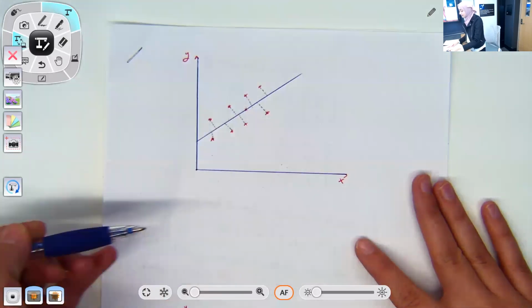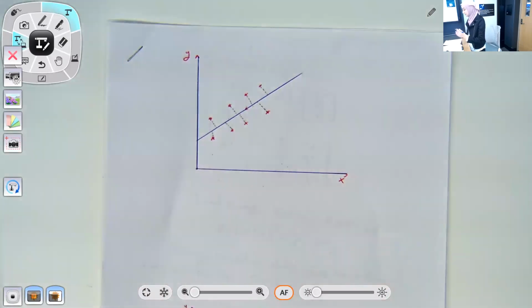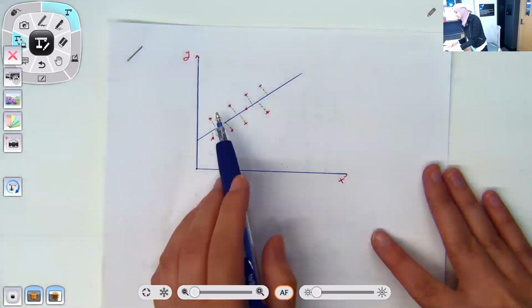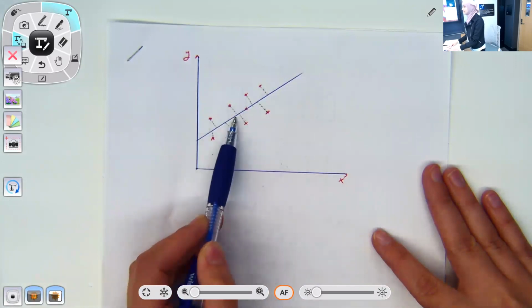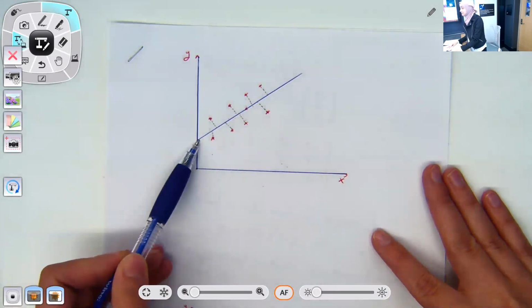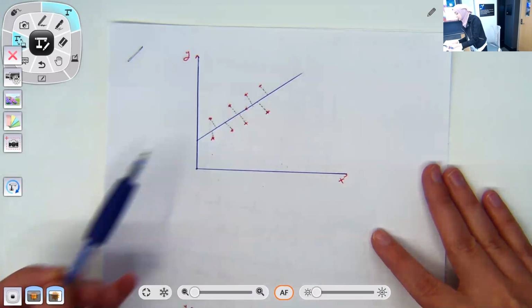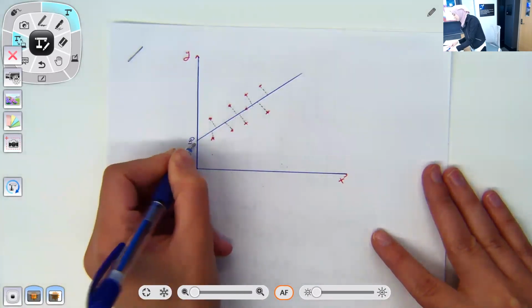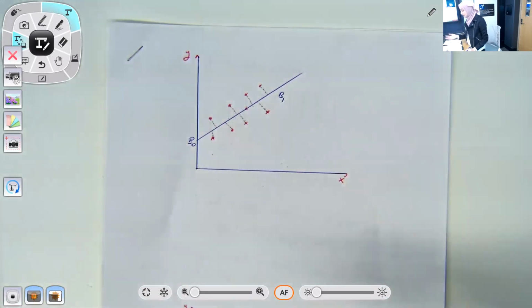You can find many lines, and the line which makes the difference between observed and predicted points small, we call the best line. If we are in 2 dimensions, we need to find the value of B0 and the slope, which is B1. But if we are in 3 dimensions, we have more parameters. This is the main idea.